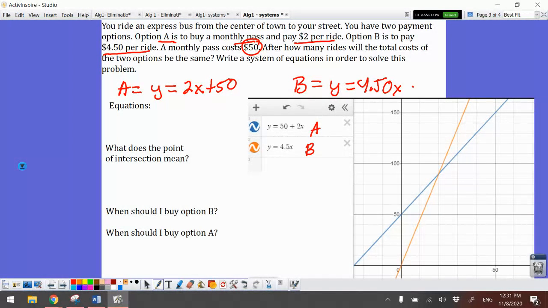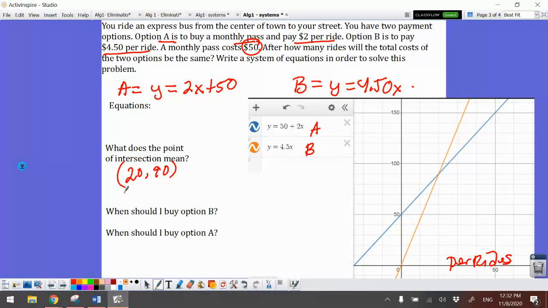Okay, so what is the point of intersection? The point of intersection is at 20, 90. Okay, what are my units? What am I talking about? Well, my x value, how am I paying? I'm paying per ride. So my x has to be number of rides.